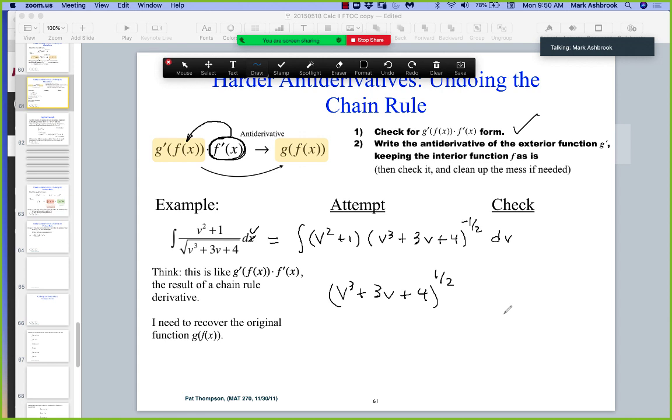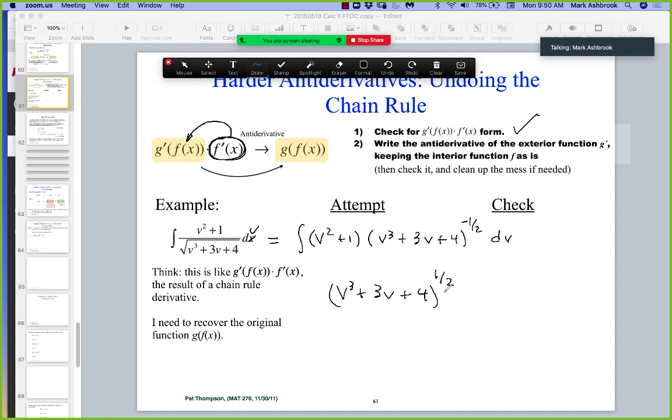Okay, and so the goal here is not that we have to every time do a derivative and check it and then make a second attempt. As you work on more and more of these, the goal is that you can just get it right on the first attempt. So let's imagine taking the derivative of this, and what are we going to need so that our derivative would be just like this?